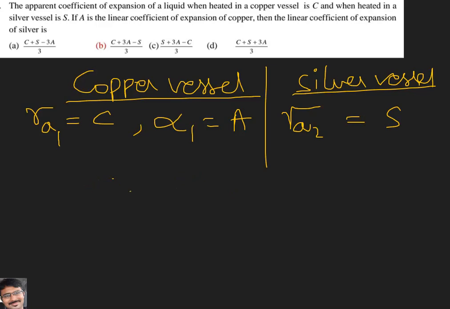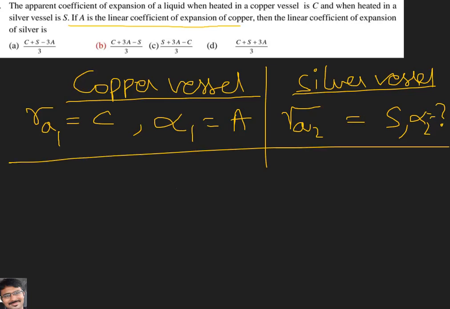By that, here they have given alpha of copper in the question. You can observe here A is linear coefficient of expansion of copper, so alpha 1 is A. What are they asking us to find? Silver alpha value, coefficient of linear expansion of silver. This is our given question.